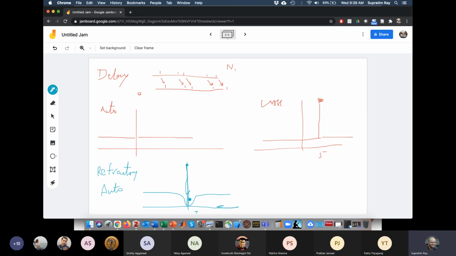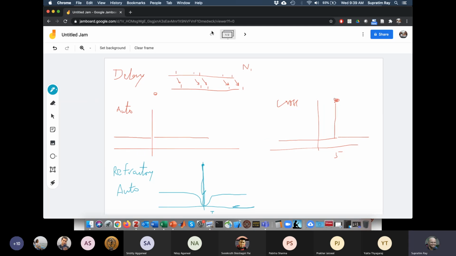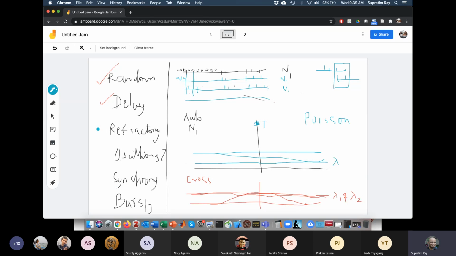So it's going to look like this. This is exactly what someone mentioned, right? So you can actually understand a lot about the behavior of the spiking activity by looking at just the cross correlation function.